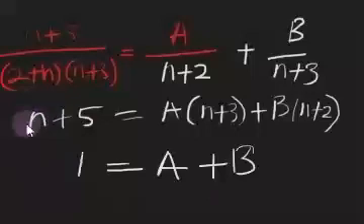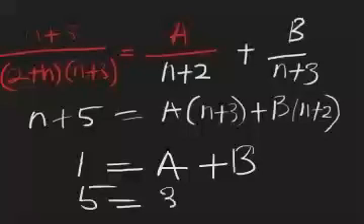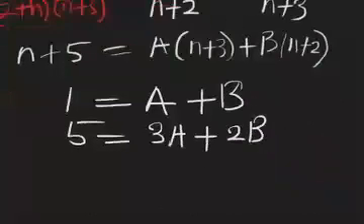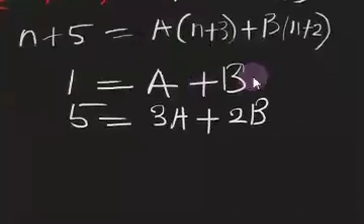Let's kill this n just by substituting 0 into n, right? So 5 equals 3a plus 2b. I think you can solve these simultaneous equations.